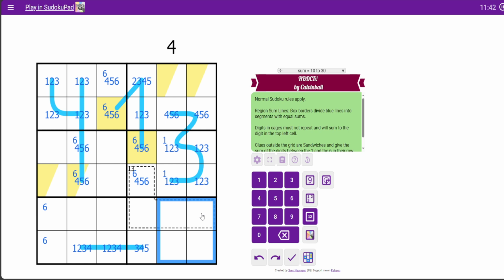Without this 6, how can we get 7? 1 2 4. With a 5, how can we get 8? It's going to go 1, not 1 2 5. 1 3 4 is possible. With a 4 to get to 9, we could do, let's see, 1 6 2.